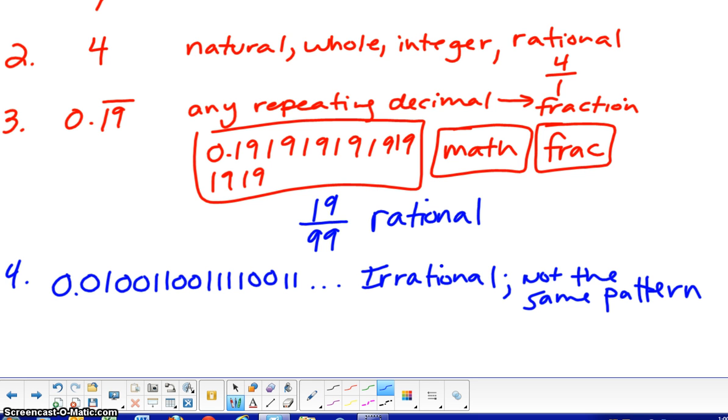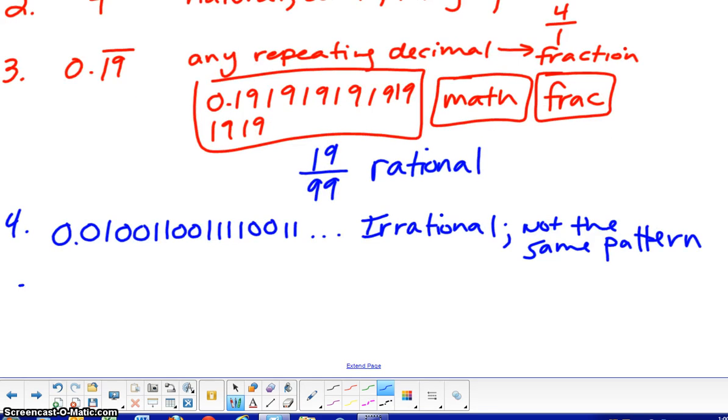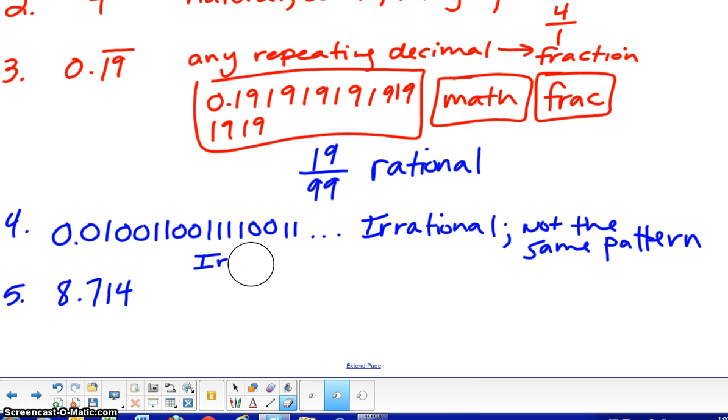Okay, so I'm going to give you a few problems to work on, and I want you to go ahead and push pause and try them on your own. The first one is 8.714, and all I would like you to do is describe, is it irrational? Because these definitely are the hardest of them all. Write if it's irrational or a rational number.